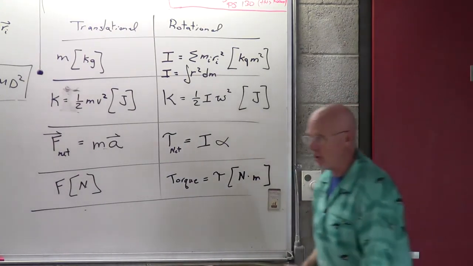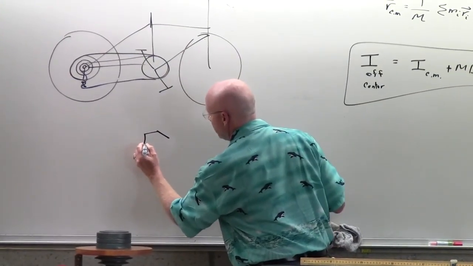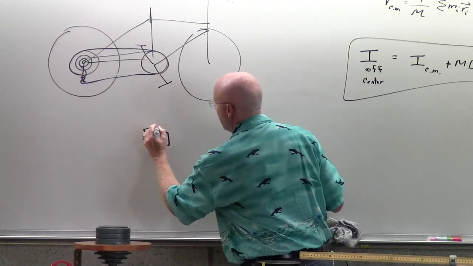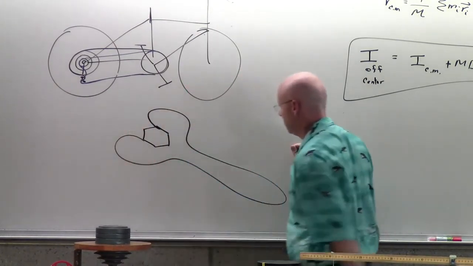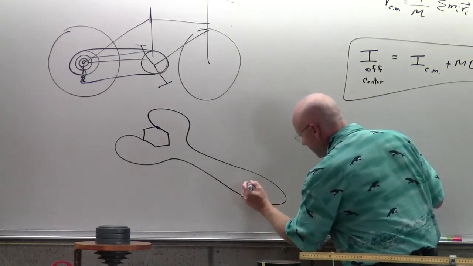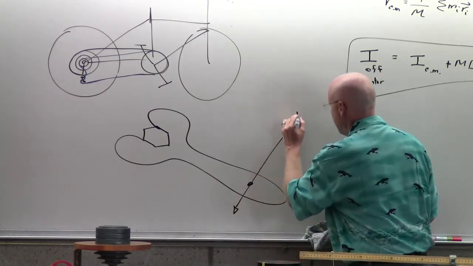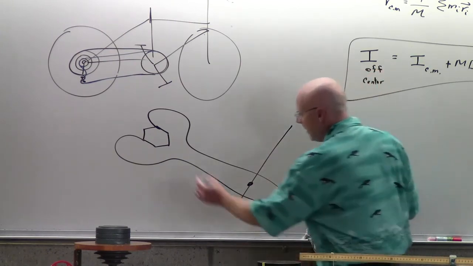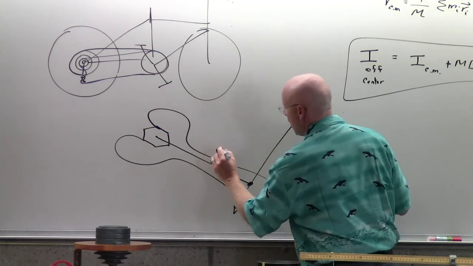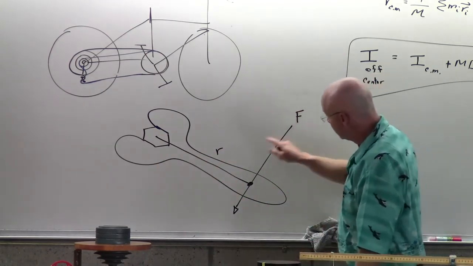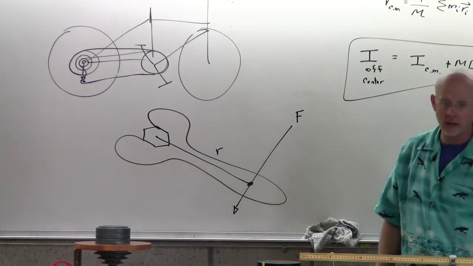Okay? If I were to take a wrench and put it on a bolt and grab it right here and put a force right here, then from here to here is the R. Force times distance gives me my torque.